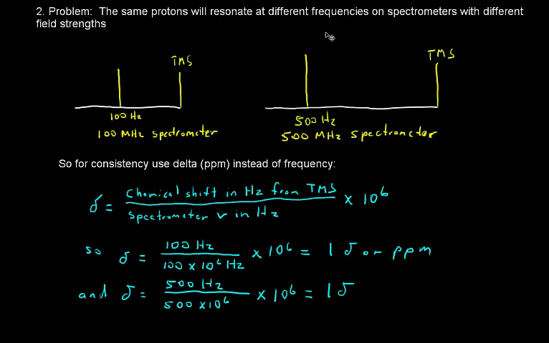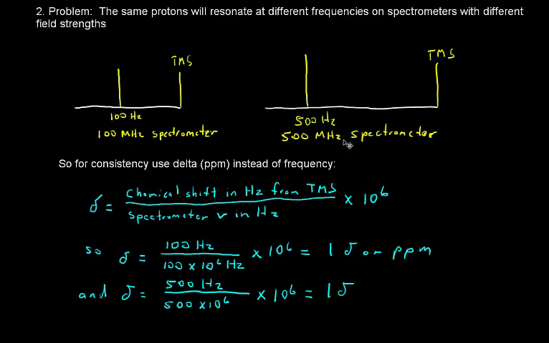We saw that in the previous video on spectrometers with different field strengths. So, for example, if you've got a 100 megahertz spectrometer, you might have a type of proton that resonates in a molecule at 100 hertz downfield. This is known as downfield from TMS. That same proton in the same molecule would resonate 500 hertz downfield on a 500 megahertz spectrometer.